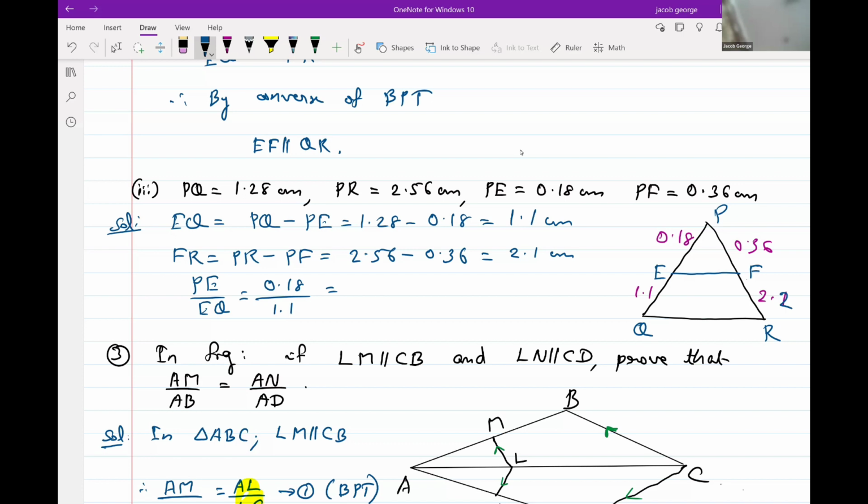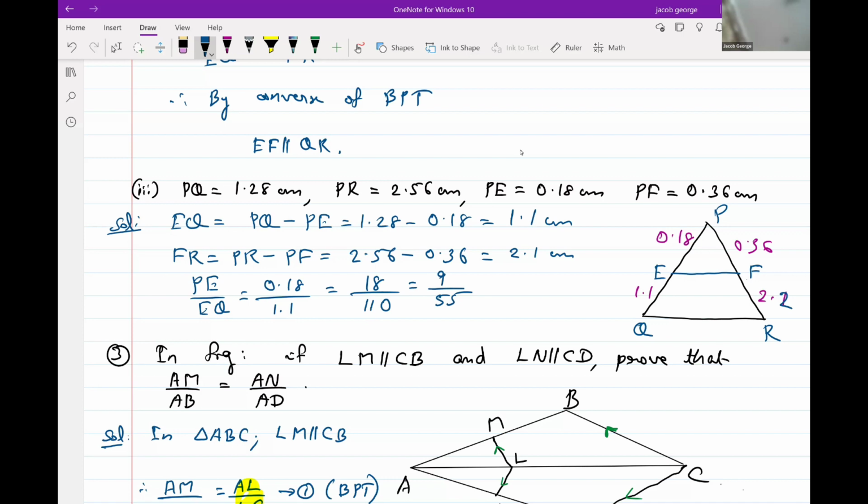So if you multiply by 100, how much we get? 18 by 110, right? 18 by 110, we can reduce by what number? 18 by 110 by 2. How much we get? 9 by 55. So we get 9 by 55.